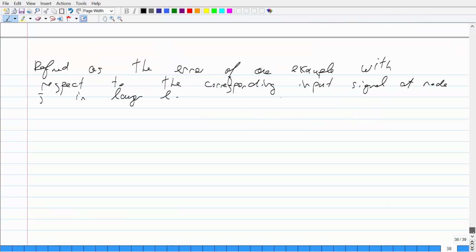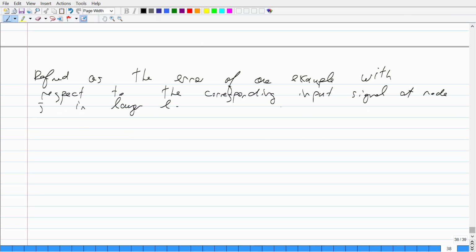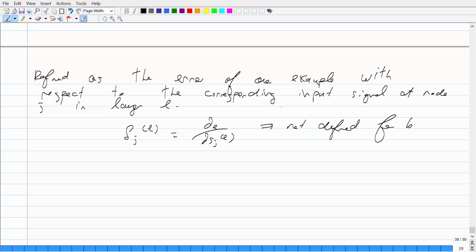Okay, so we're going to define this as delta j of L. This is not defined for bias units. We don't need to check how sensitive they are, we're just checking the other neurons.